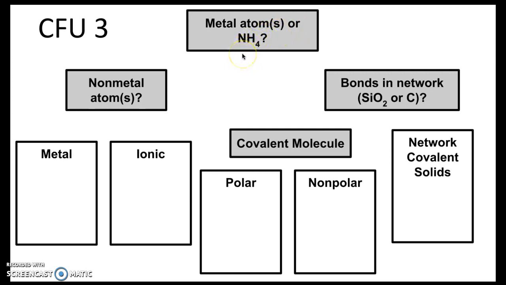So if I say yes, that it does have metal atoms or NH4+, would I go to the non-metal question underneath, which is metal and ionic, or would I go to the next section, which asks if the bonds are in a network, and where you have the covalent molecules?